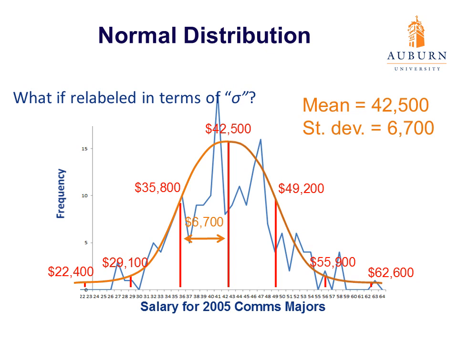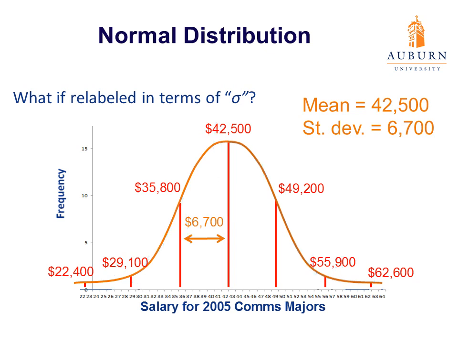Okay. So what if, instead of using dollars, we relabeled our estimated normal distribution in terms of standard deviations? We're going to change the unit of measurement from dollars, which we originally collected, to standard deviations.